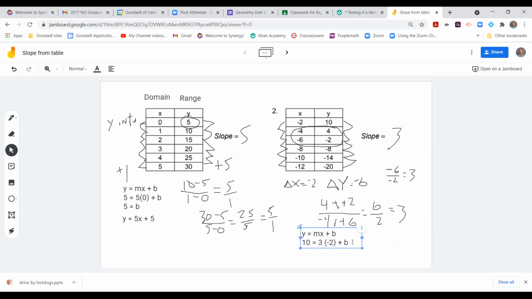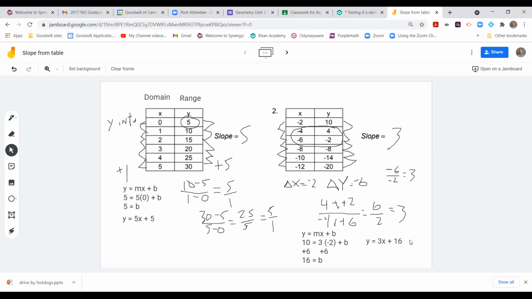So that is 10 equals -6 plus b. So I got to add 6 to both sides to cancel that. Well, that's a high y-intercept. Okay, so now I got the y-intercept. y equals 3x plus 16.